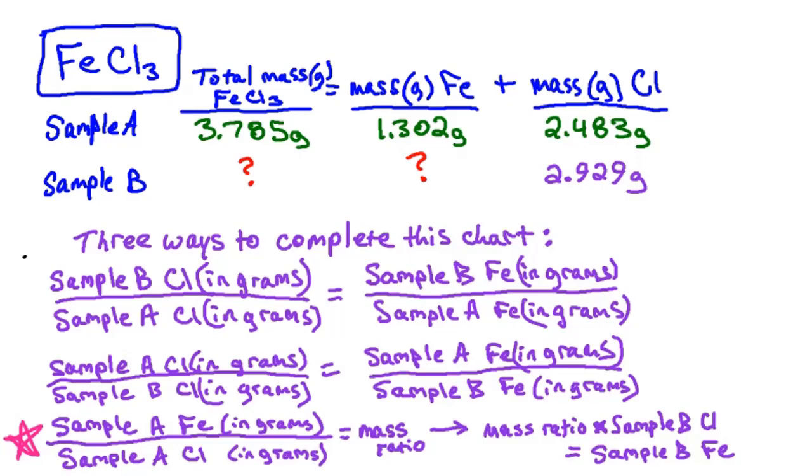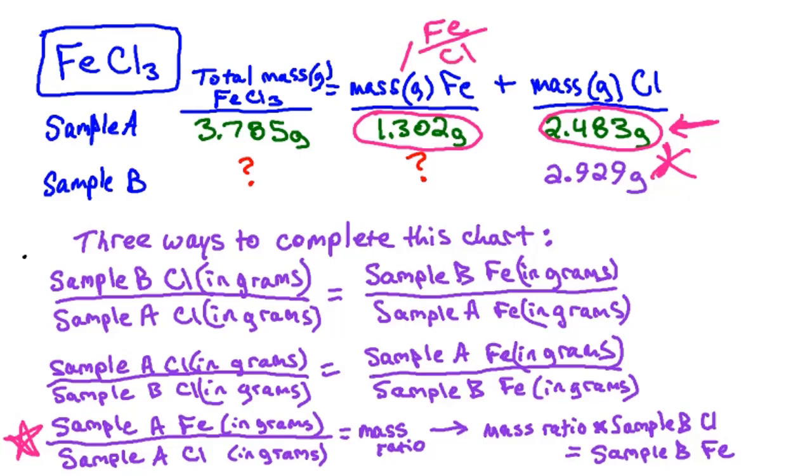So we have this table here, and we know all of the stuff that's in sample A. So we know the mass of iron in sample A, and we know the mass of chlorine in sample A. So instead of dividing up and down, dividing the chlorines into each other, we're going to divide the mass of iron that we know from sample A, and we're going to divide that by the mass of chlorine that we know from sample A.